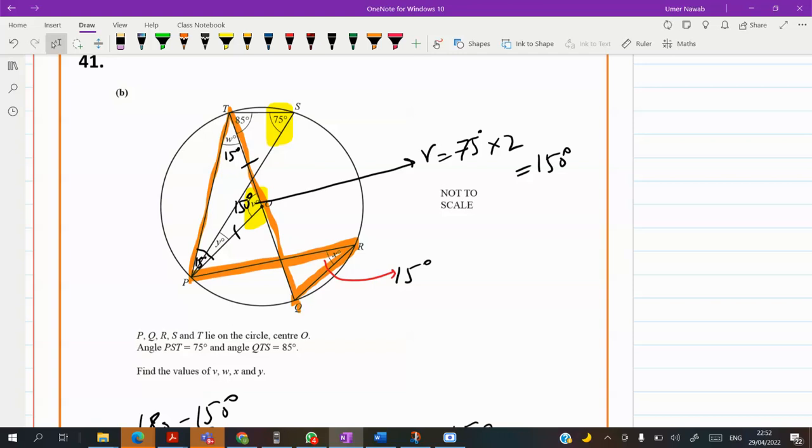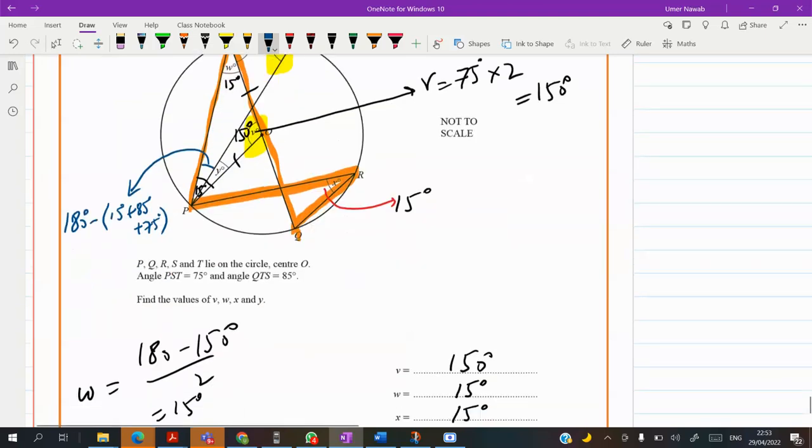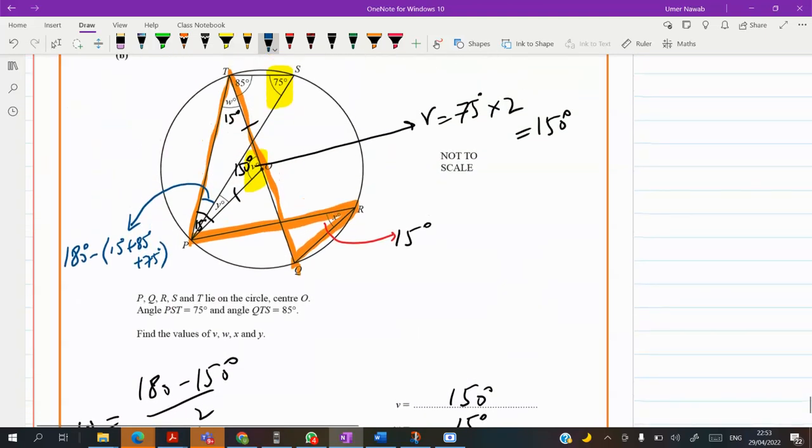Guys, can I get this angle first? This angle is basically 180 minus 15 plus 85 plus 75. Add all the angles and get this. Did we find y before? No, y we want to find.